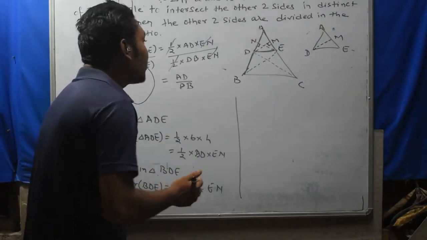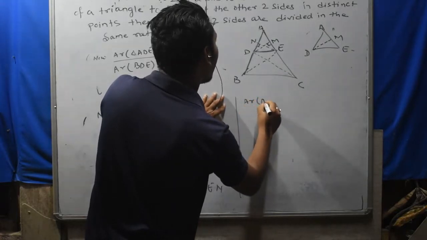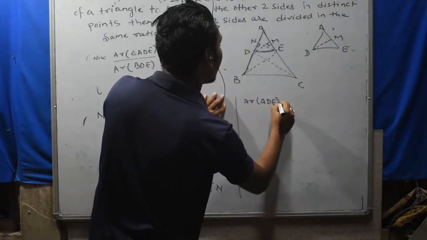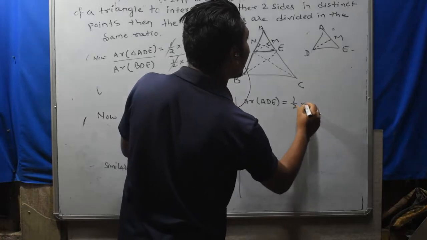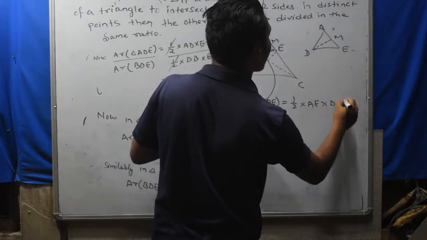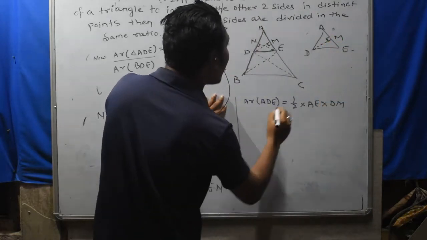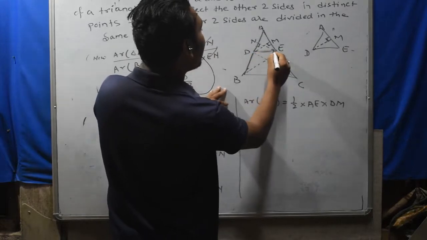Now similarly for this side, area ADE is equal to half into AE is the base, height is DM. Okay, this is the height DM. Similarly for this part, DEC.